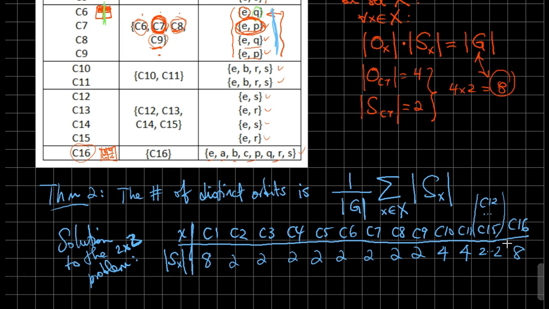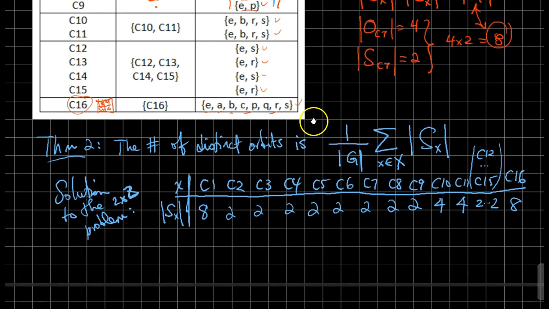So now we can plug these values into our formula to figure out the number of essentially different colorings. The number of colorings is equal to 1 over 8, because we have both rotation and reflection symmetries.